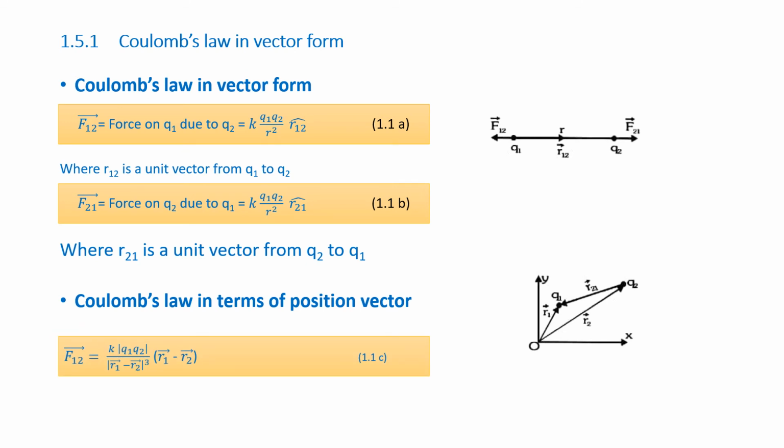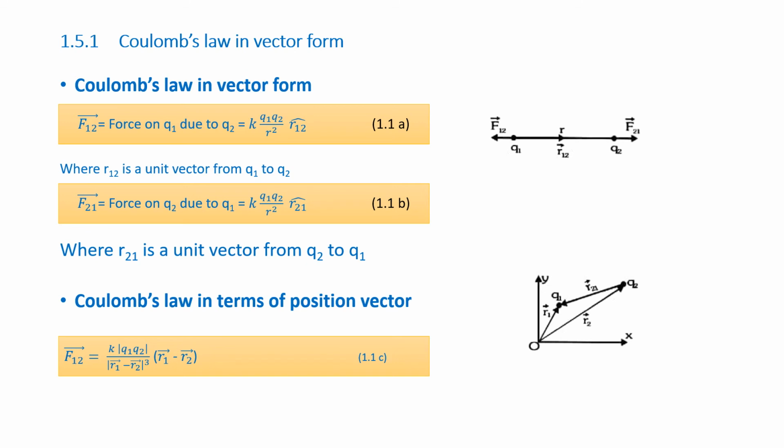In the previous vector form of Coulomb's law, we had the direct distance between Q1 and Q2. That is, Q1 and Q2 were separated by a distance r.